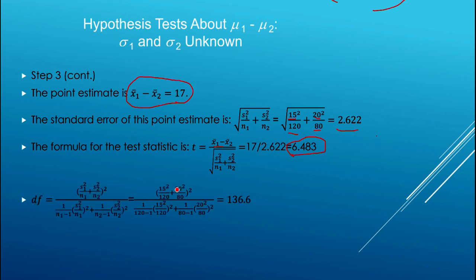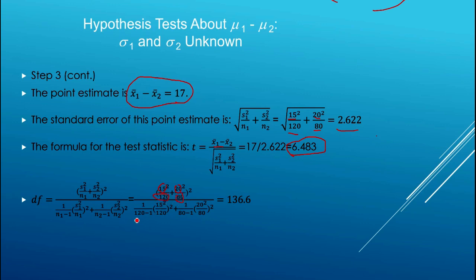And then, of course, we have to plug the right numbers into the degrees of freedom formula. So we've got our standard deviations again that we read off the table for S1 and S2, and we've got our sample sizes that we plug into the formula.